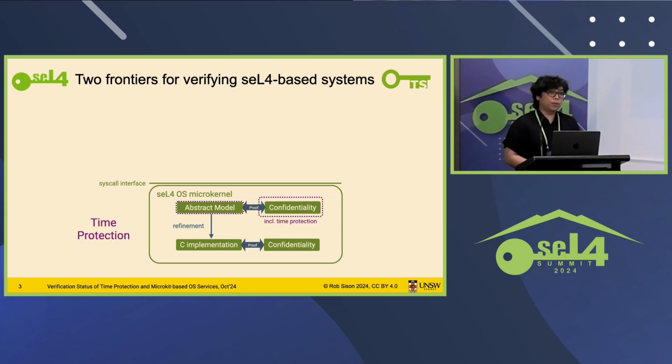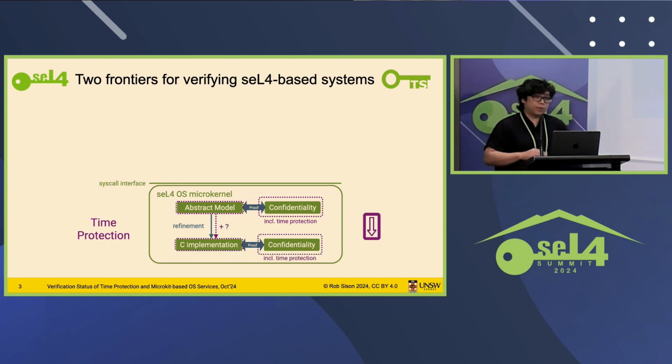We similarly want to do this for a property called time protection, which implements protection against timing channels between users running on top of seL4. So this frontier is downwards, because we'll need to prove something about the abstract spec and its preservation by changing what refinement means.